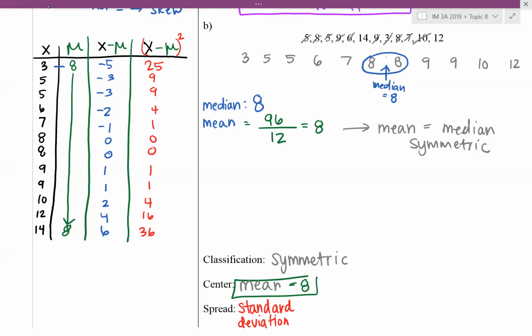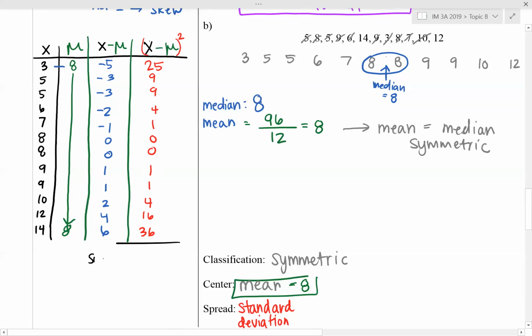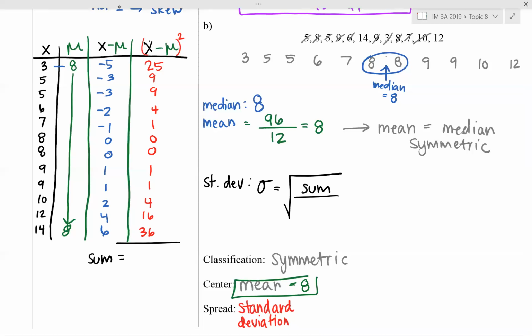Okay, so remember that this sum is part of our formula. For standard deviation, sigma is equal to the square root of the sum divided by that n. That was our 12 that we used to find the mean, right?